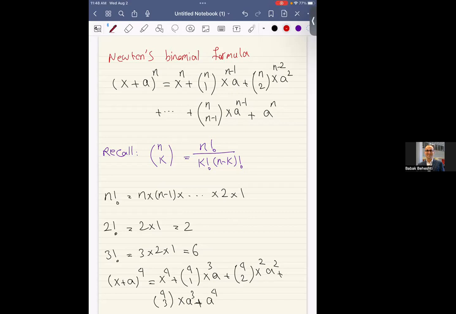Now, what is 4 choose 1? Can someone tell me? So remember the formula on the top in purple. n choose k is n factorial divided by k factorial times (n minus k) factorial.